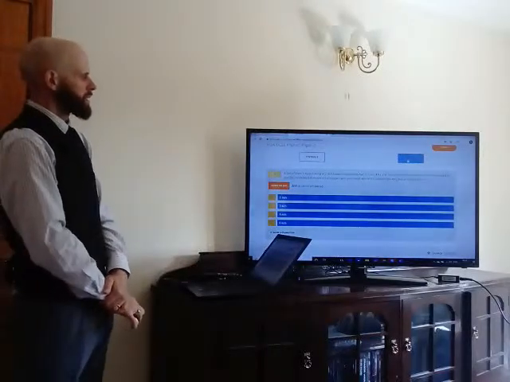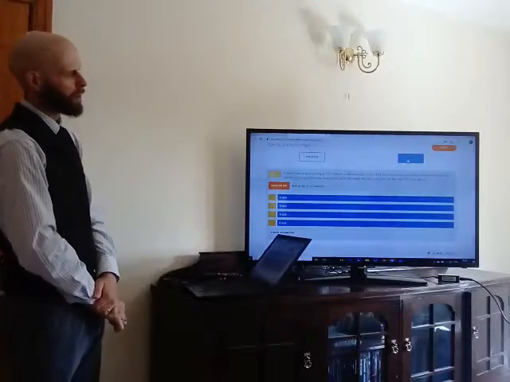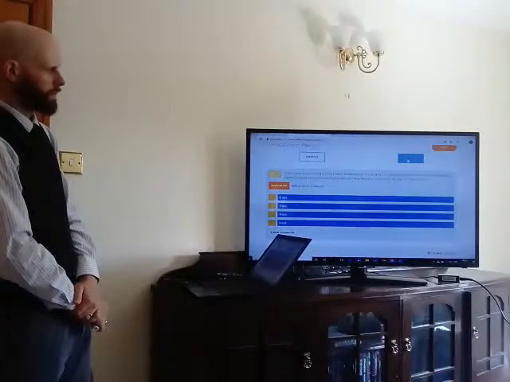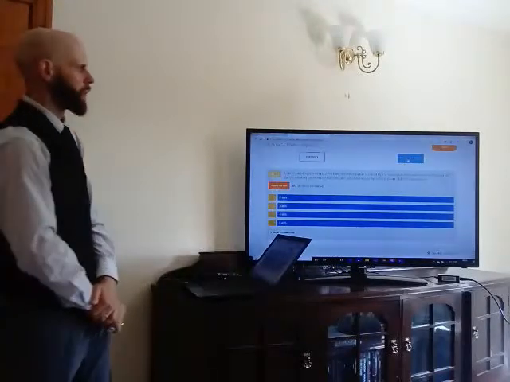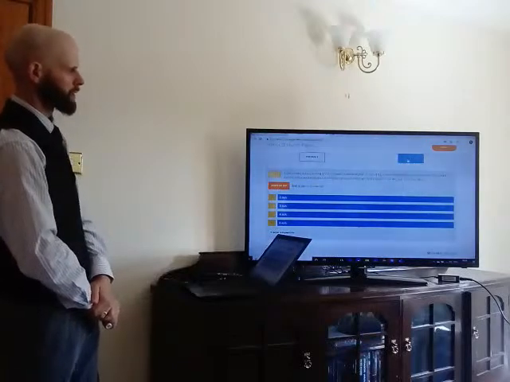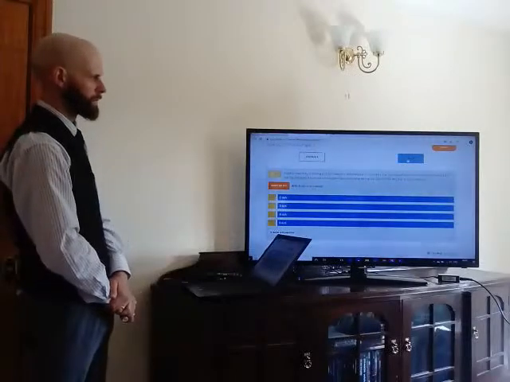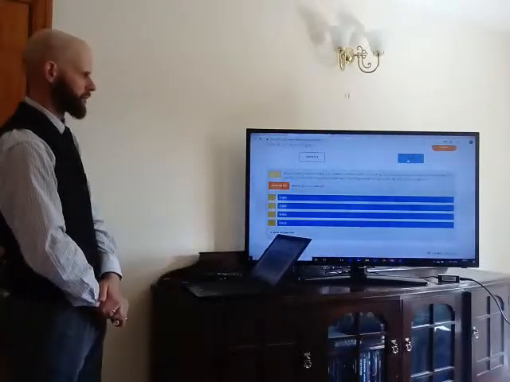A ball of mass 6 kilograms is moving at 2 meters per second towards a stationary ball of 4 kilograms. The moving ball stops when it hits the stationary ball, and the stationary ball moves off along the same path. What will the speed of the 4 kilogram ball be after the collision?